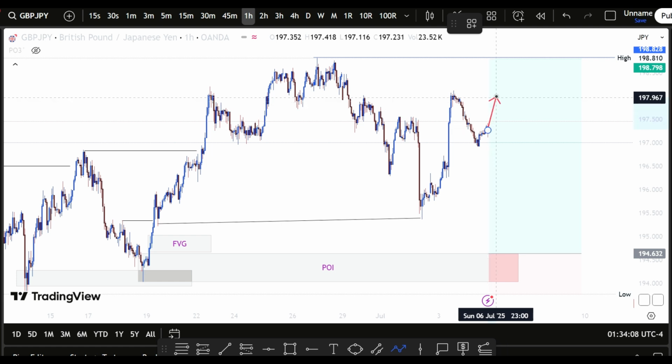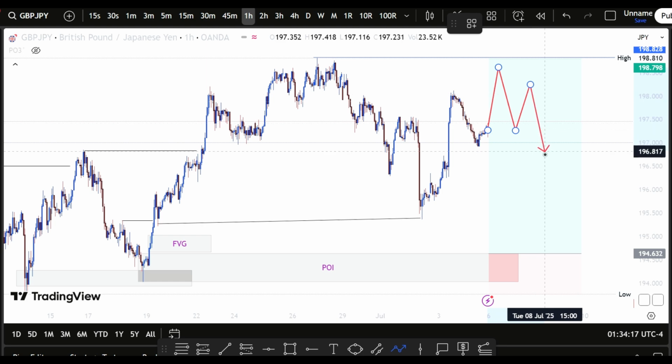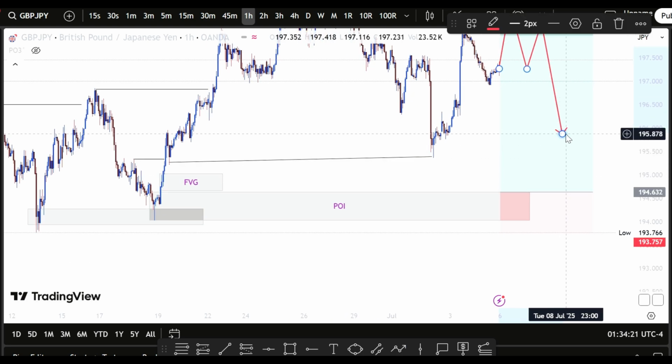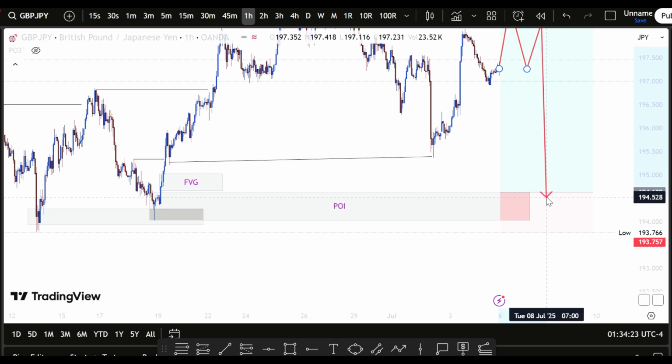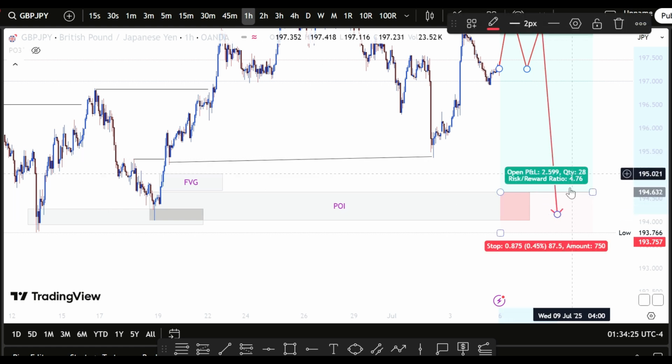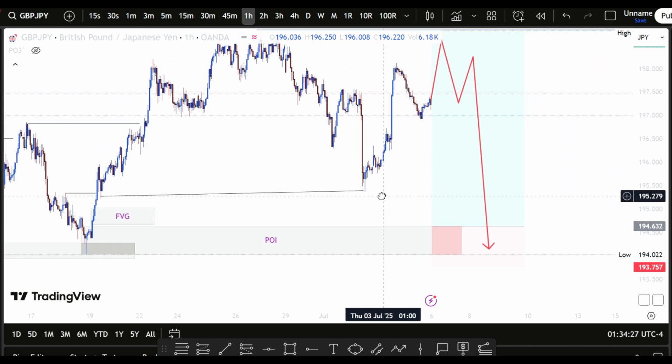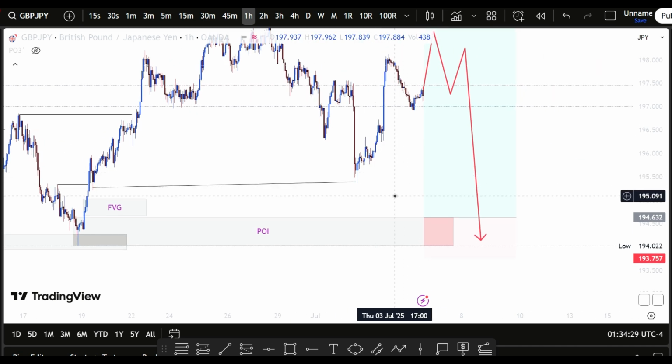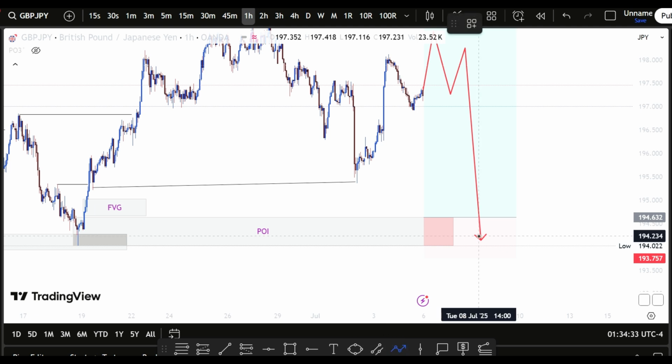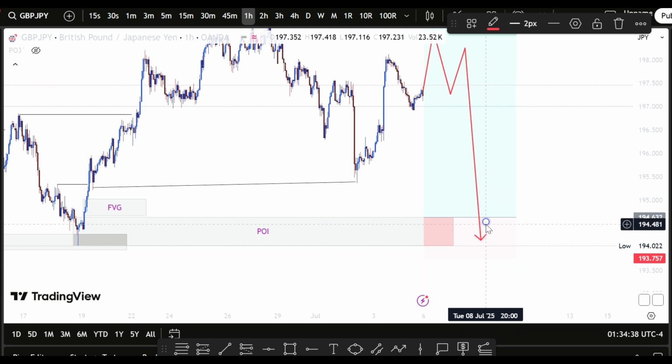Either price goes up and comes all the way down to our point of interest, and then we want to see price move from here quickly.